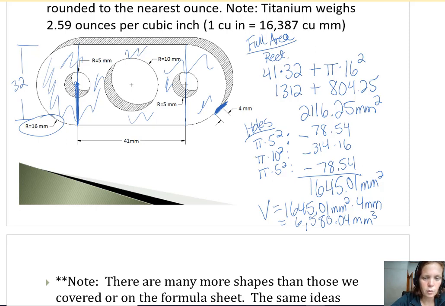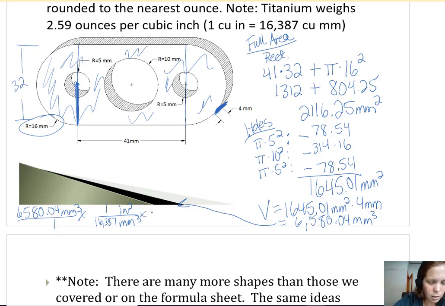So I have 6,580.04 millimeters cubed. I'm going to have to convert millimeters cubed to inches cubed. We're given that a cubic inch is 16,387 cubic millimeters, or use your formula sheet. That one's on there.